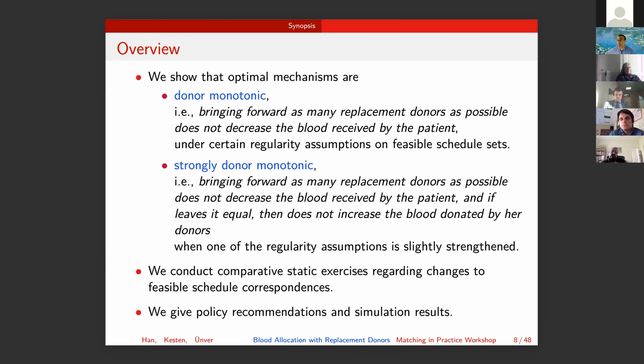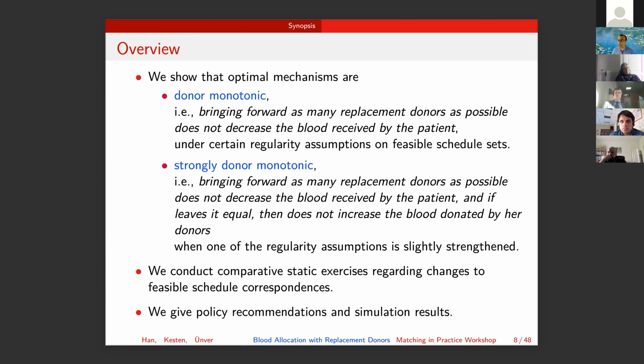But many times people require more than 1 unit of blood. They require 3, 5 units. Bring me 5 donors, and I will give you 5 units of blood. That's what they say. Or bring me 10 donors, I will give you 5 units of blood, which like in some places in Central America and Southern Africa, we see this kind of policies, or there could be more complicated policy rules, which I will explain.